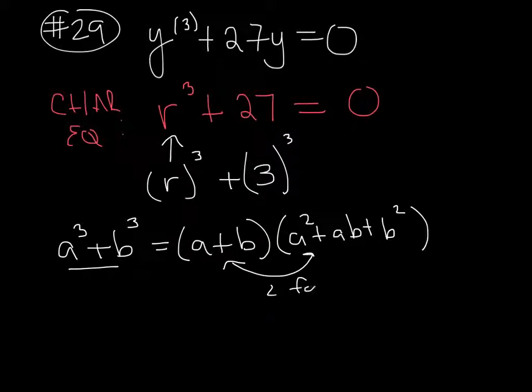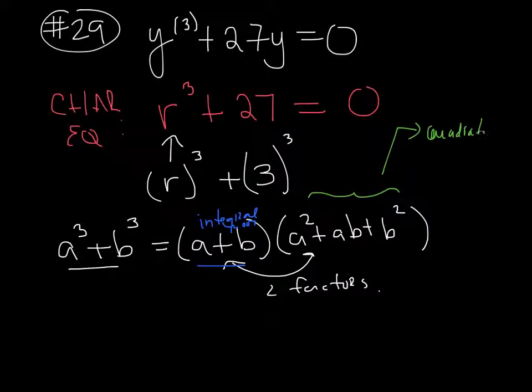These are two factors. This first one is going to be your integral root that you're going to find in this part. And then this other one, let me maybe write it in green, is where you probably use the quadratic formula.